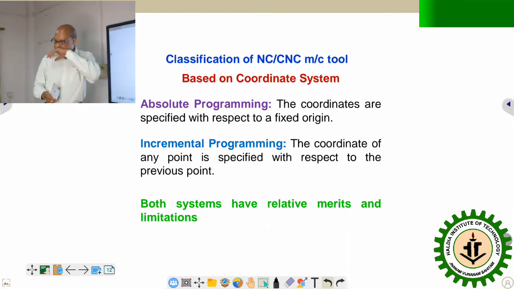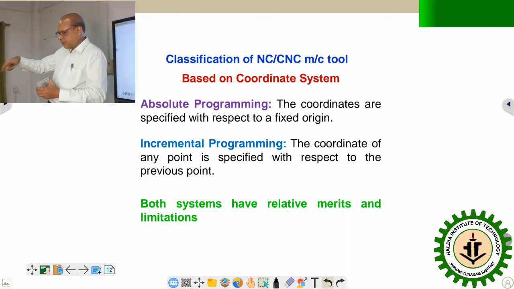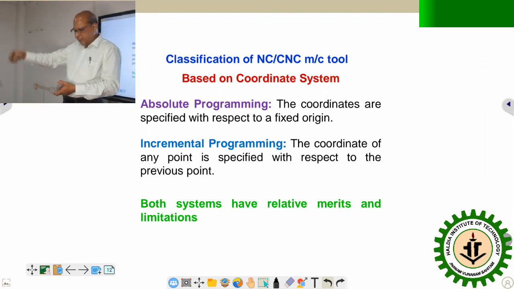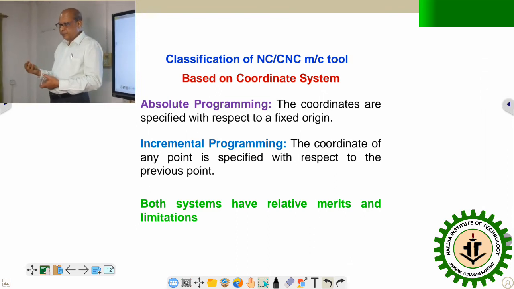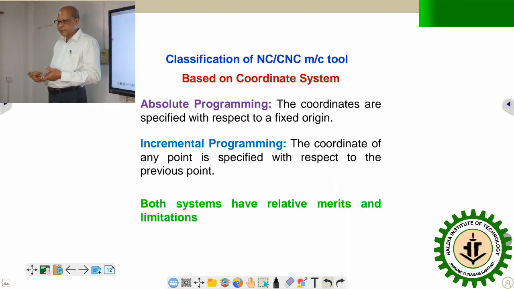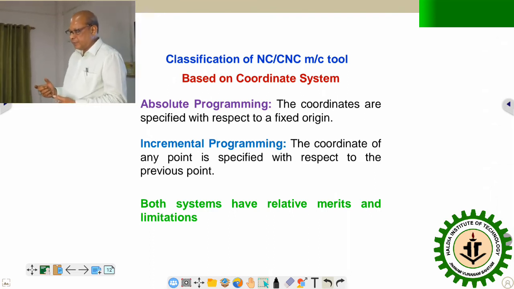For absolute programming, the major advantage is this. Suppose you have 20 blocks to represent the entire part program. In the fifth block, suppose there is a power cutoff or a tool breakage, so machining stops automatically.